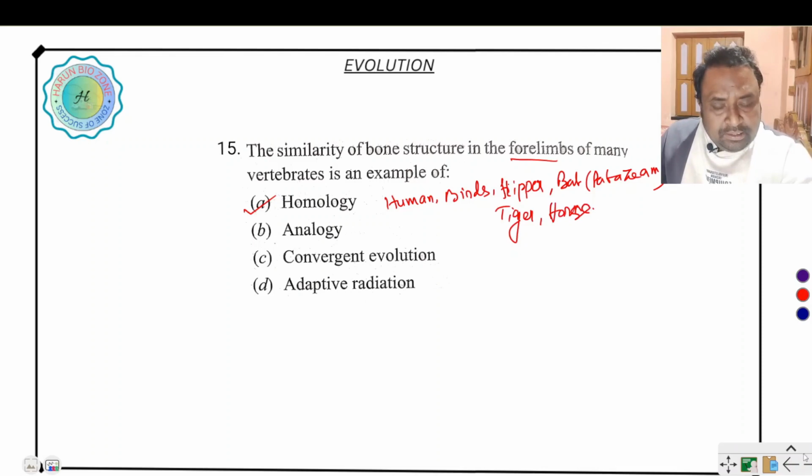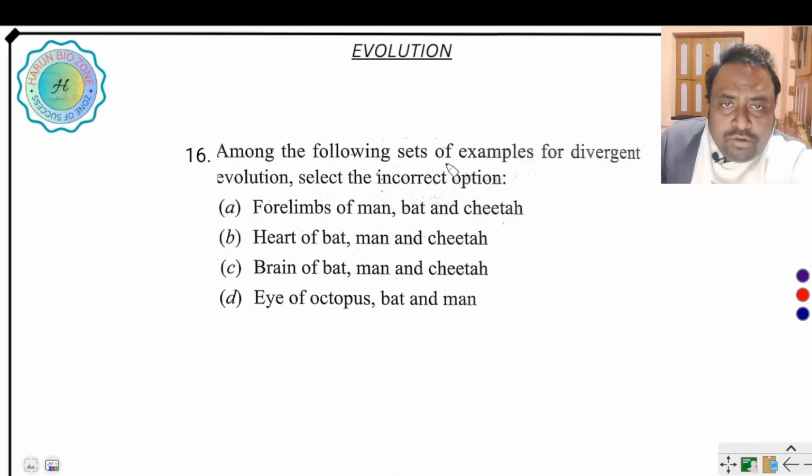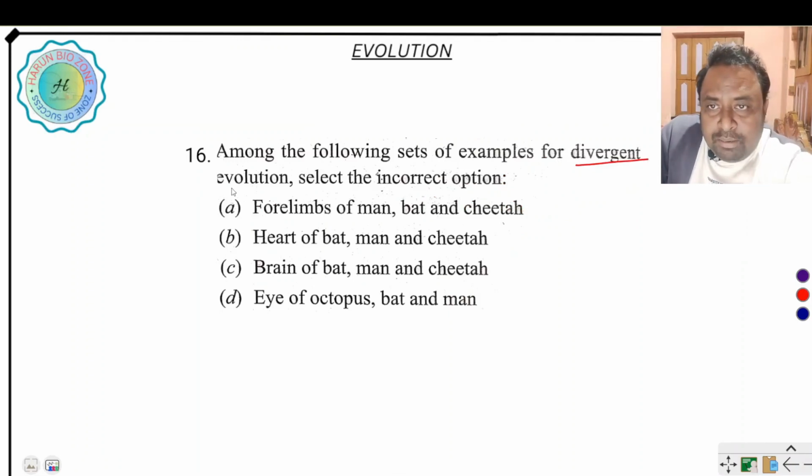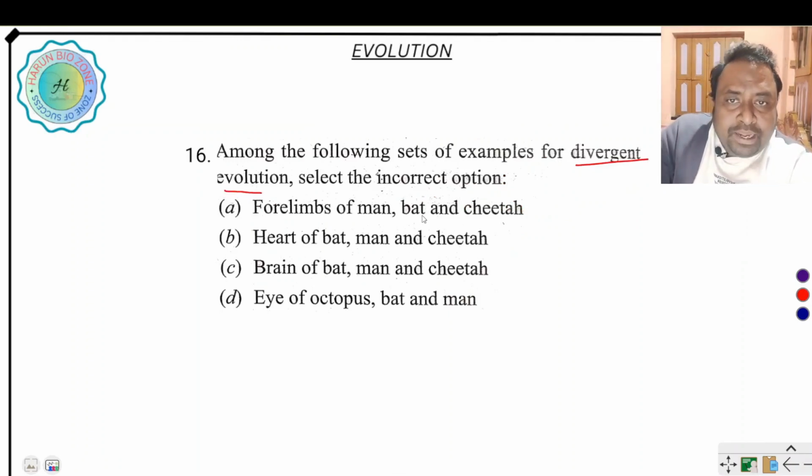Next question: among the following, which is an example of divergent evolution? The forelimbs of man, bat and cheetah show homology, meaning anatomically the same but functionally different.